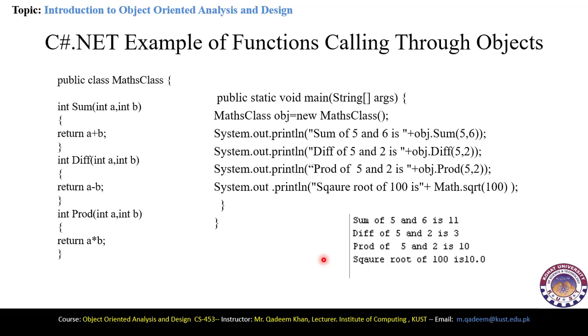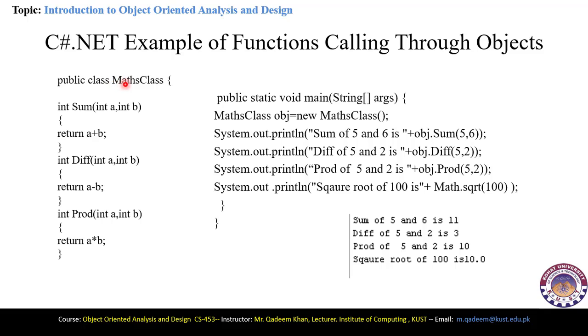This is an example in the C#.NET language of calling functions through objects. In this example, we instantiate an object and then use the object to call the functions of the class. First, we declare a public class named MathClass, and this is the body of the class.